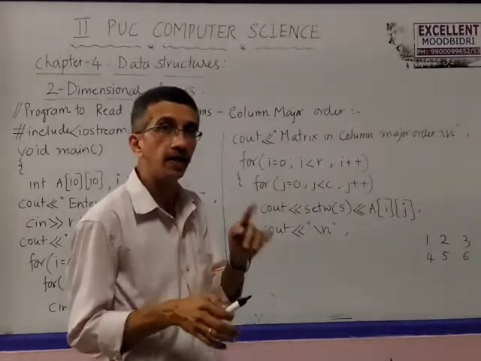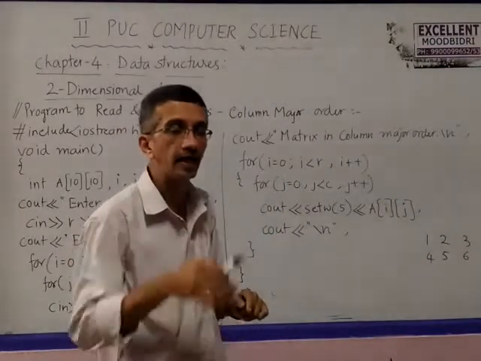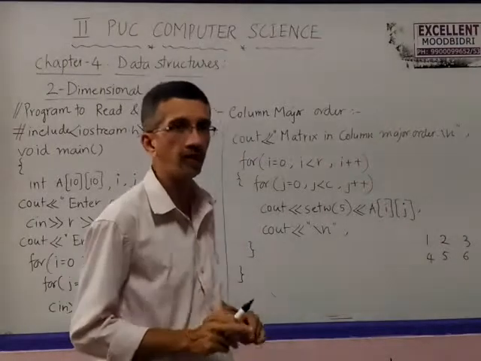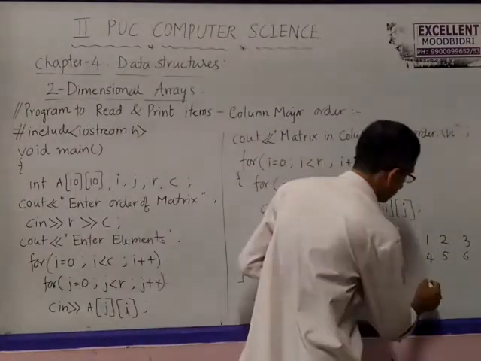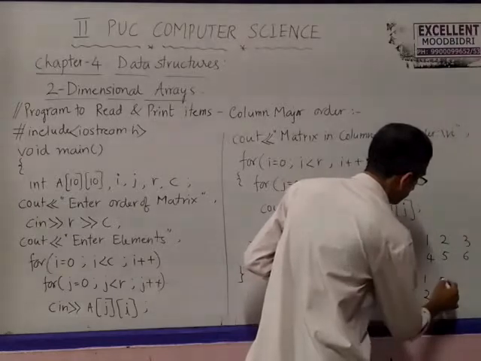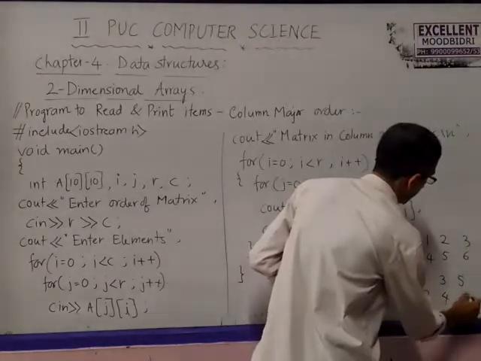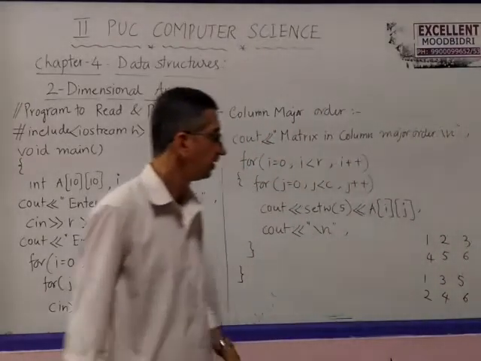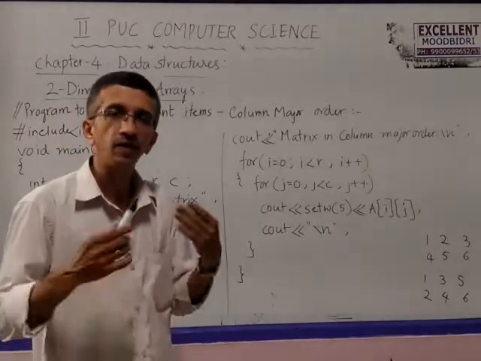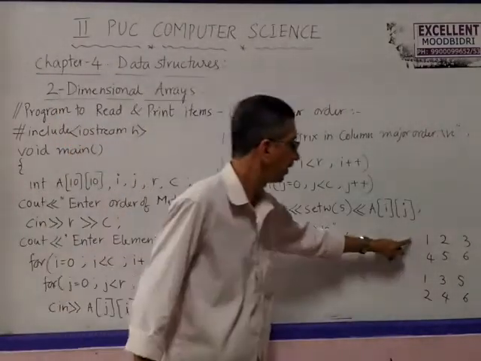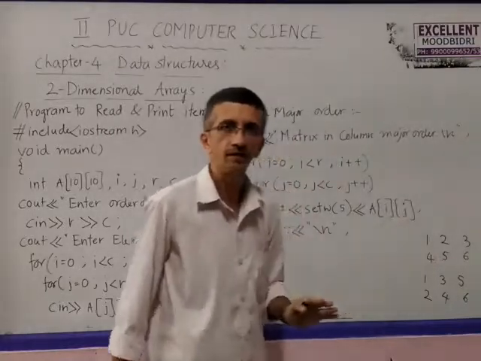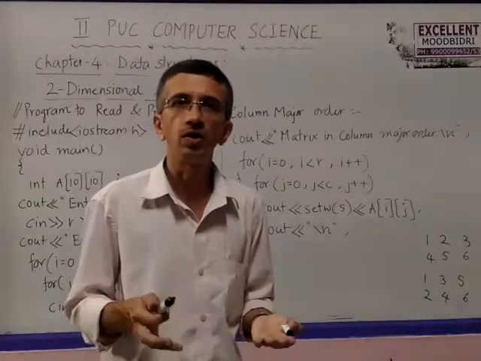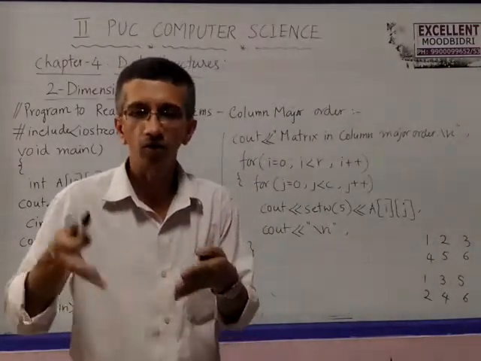But when you display according to the column measure order, as stored in the memory according to the column measure order, the same thing will be 1 and 2, 3 and 4, and 5 and 6 like this. These items will be stored like this. We are continuously giving the items 1, 2, 3, 4, 5, 6. While entry, we don't bother whether we give by a space or line wise.